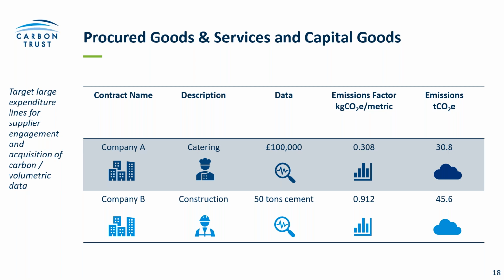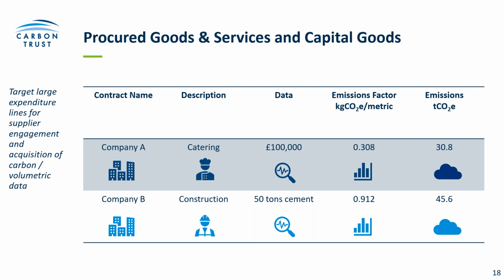If we look at the bottom line in this example, we have a capital good where volumetric data is available. So this is the tons of cement as opposed to the money spent on that cement. And we can therefore use the more precise and accurate LCA emission factor that's specific to cement to calculate the footprint.